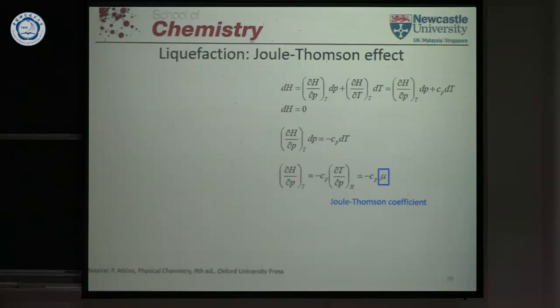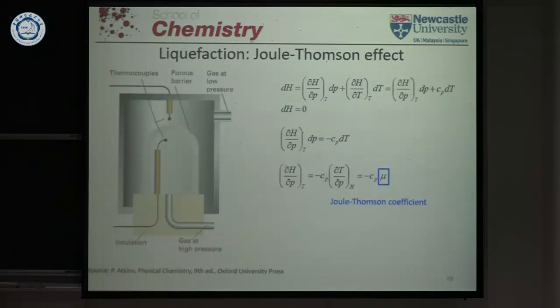And here you see in the equation the so-called Joule-Thomson coefficient, and that determines how many steps you have to take in the expansion to arrive at a temperature where the gas starts to condense. And the setup for the process would be shown here.